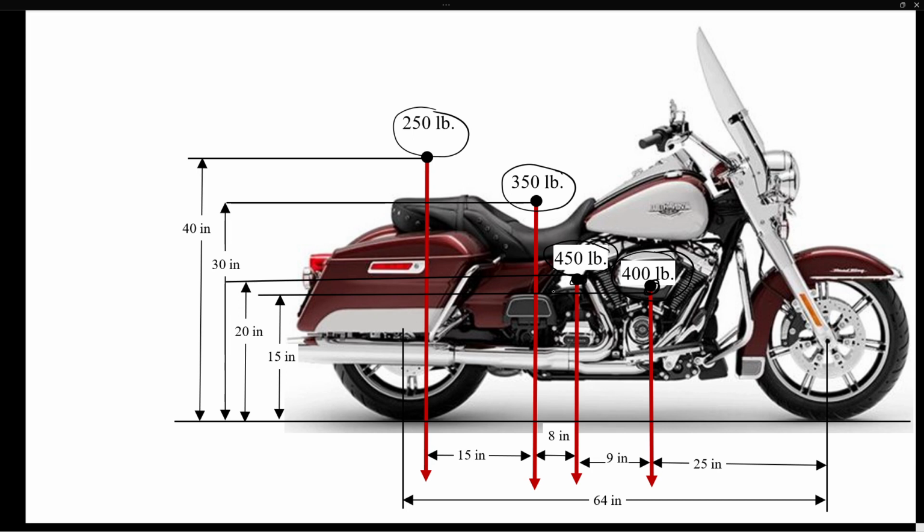So let's assume that it's acting somewhere here. That's the center of gravity, the x bar, y bar. According to Varignon's theorem, the total moment caused by the individual weights, in this case only 4 separate weights, is given.